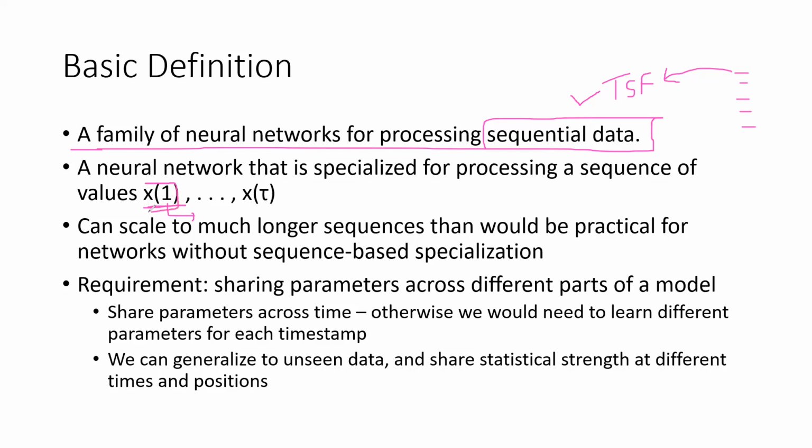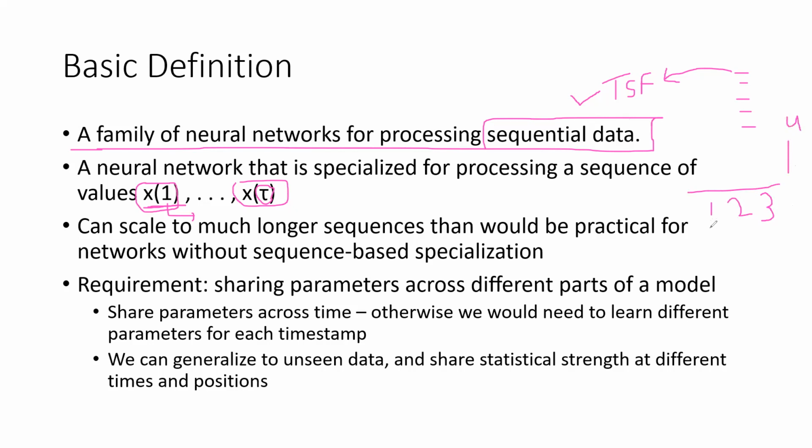At X1, I could have a variety of inputs available to me. And this tau signal represents the end of the chain. So the size of my input is defined by tau. For example, in the case of word processing, I will input 3 words each time and then make a prediction for the 4th word.